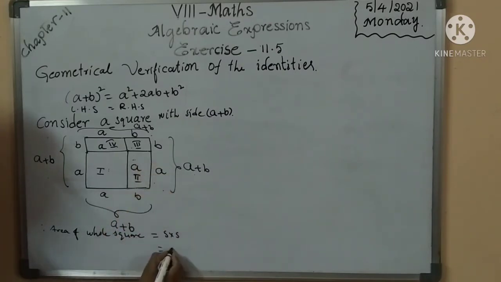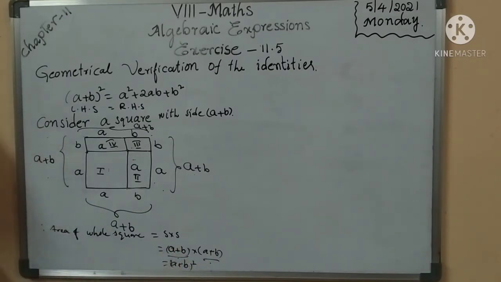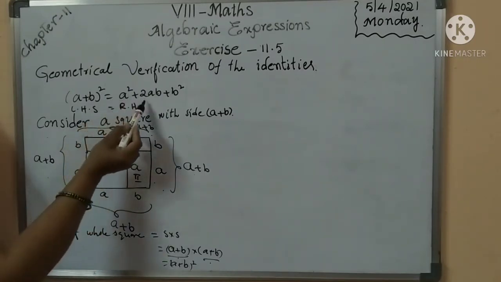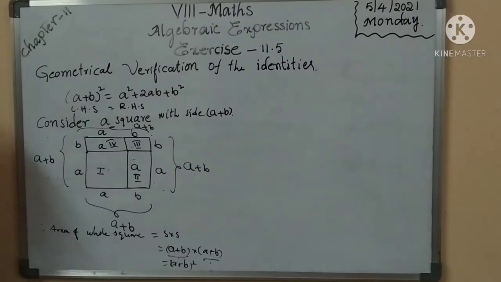So all sides are a plus b, into a plus b. We know that it is (a plus b) whole square. So it is the LHS. We get it. Okay, now we can use a square plus 2ab plus b square. We prove that. That is the RHS.